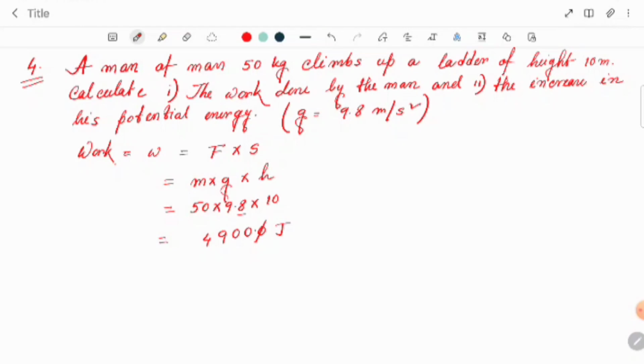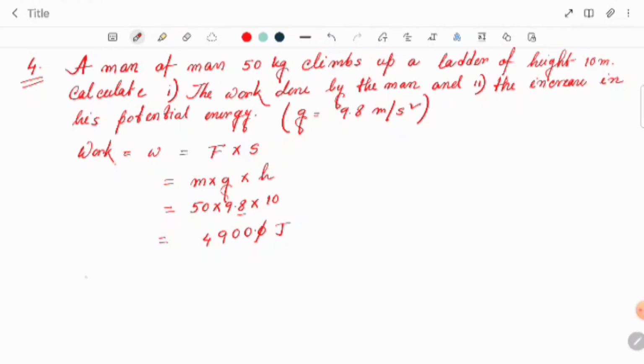Next one, increase in his potential energy, we have to calculate. Basically, from the ground to the ladder height of 10 meter.